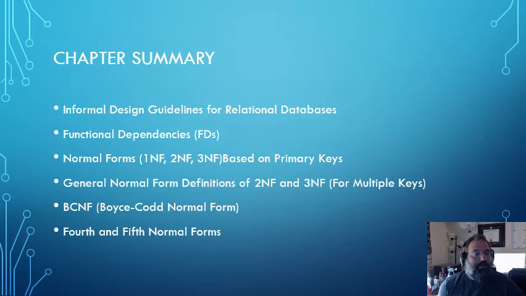Chapter summary. We've talked about informal design guidelines for relational databases. We talked a bit about functional dependencies. We talked about various forms of normalization: general normalization form definitions, second and third normal form, BCNF, fourth normal form, and fifth normal form. One of the things you will see most of the time is that things are going to be in third normal form, maybe Boyce-Codd normal form, but typically third normal form.